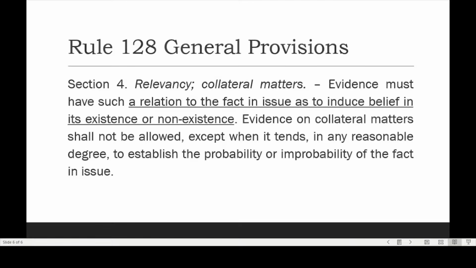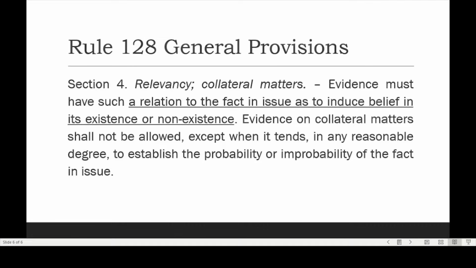Now let us proceed with section 4 on relevancy and collateral matters. We have said before that one of the requirements in order for an evidence to be admissible is that it should be relevant. Now this section 4 defines when evidence is relevant.